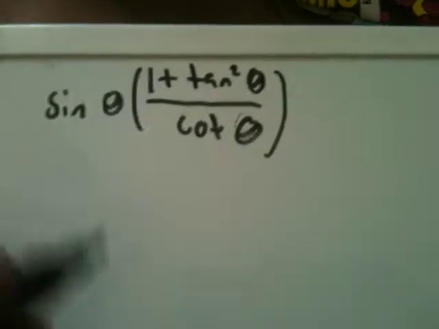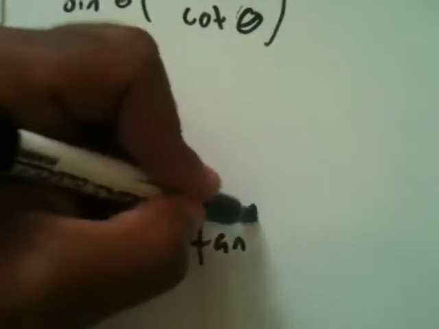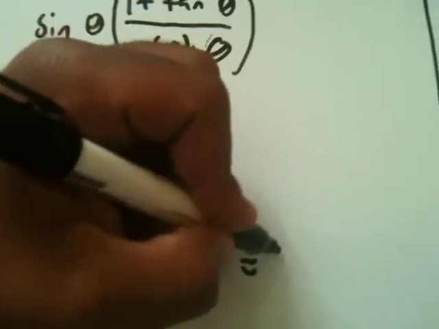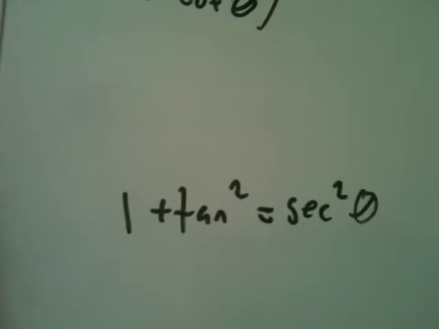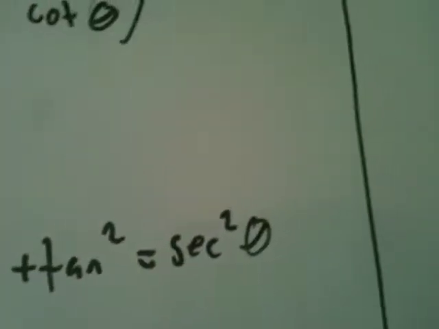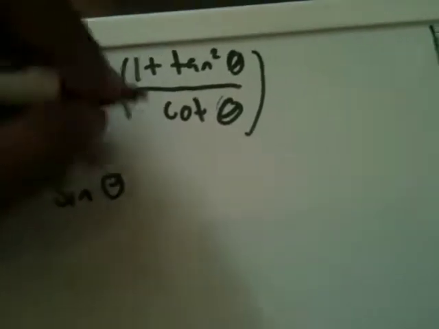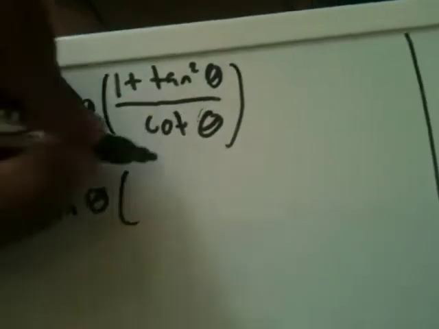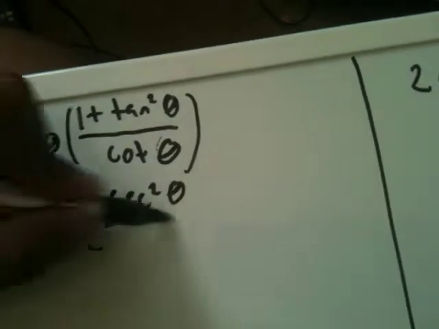And if you don't remember, 1 plus a tangent squared is equal to the secant squared. So we can just put in a secant squared in place of that 1 plus tangent squared. So this turns into the sine of theta times the quantity, the secant squared, over the cotangent.